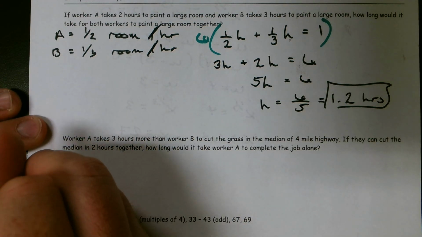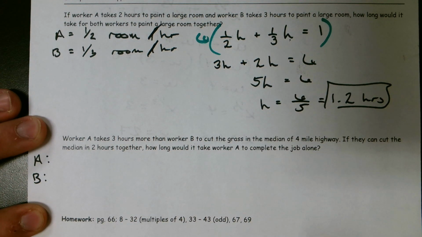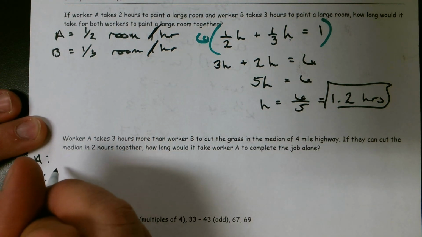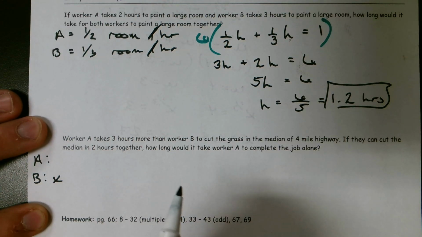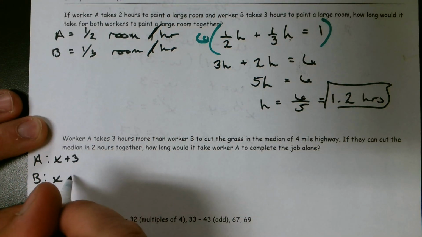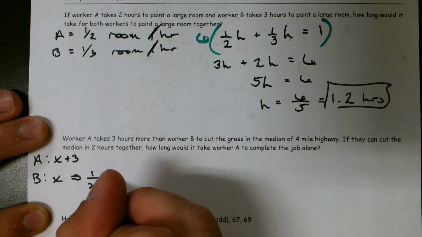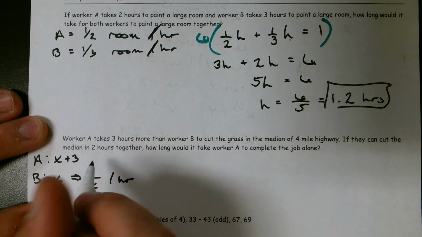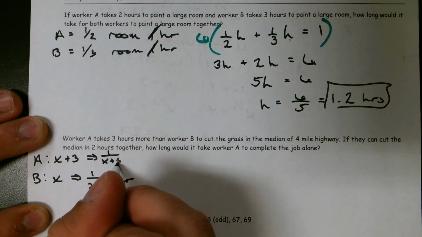So if we've got worker A and worker B, and we know worker B mows the grass in x amount of hours, and worker A takes 3 more hours, that means worker B is going to mow 1/x of the grass per hour, and worker A is going to mow 1/(x+3) of the grass per hour.